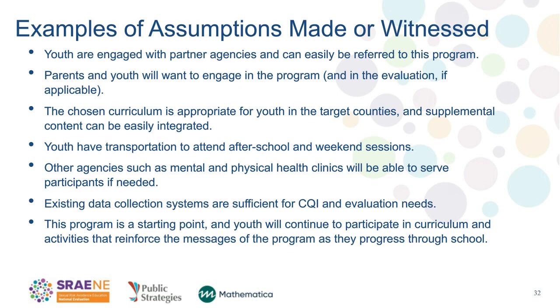And then we start going and they're trying to build the sample for the evaluation, because remember, I tend to do eval TA, right? So I'm involved if they've got an evaluation going on. And we start having trouble building that sample. And we start going, well, wait a minute. I thought these programs served the types of youth that you wanted in your program and your evaluation. And then it turns out, oh no, they actually serve younger or older or whatever. So that's a key one.